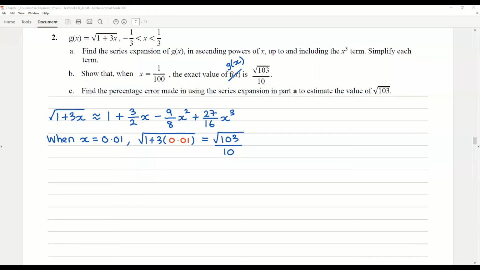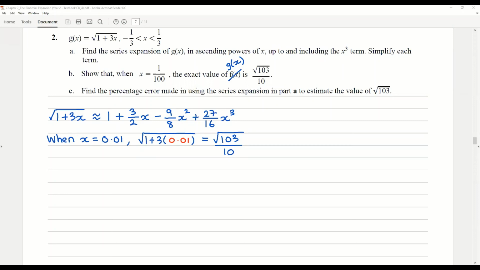Now, part C, we have to find the percentage error used in making this series expansion. Remember, these are approximations, okay? If we did an infinite expansion, we would get the exact answer, but obviously that's not possible. So we want to see how good our approximations are. Well, let's have a look.